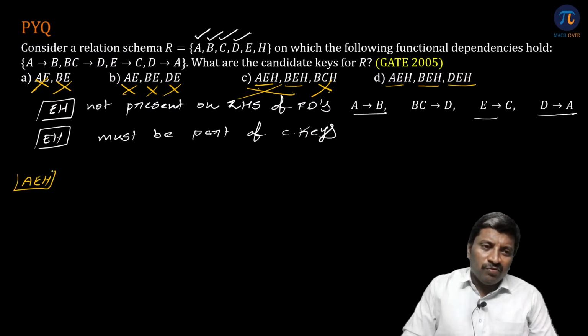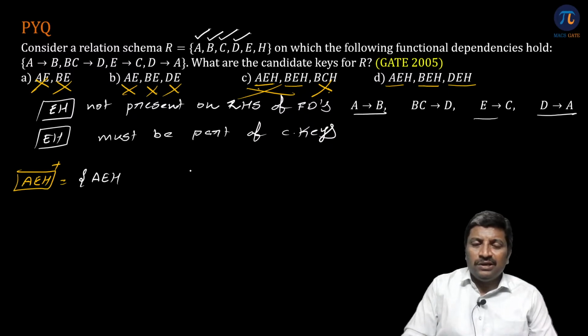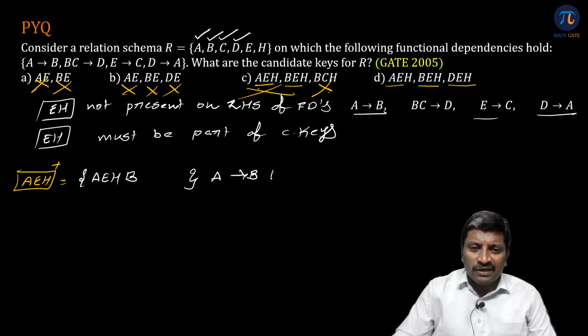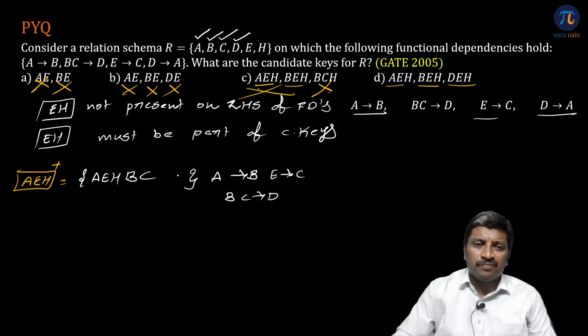AEH. What is the closure of this? AEH. Then with A, I can get B. Then with E, I can get C. Then with BC, you can get D. We got everything, sir.